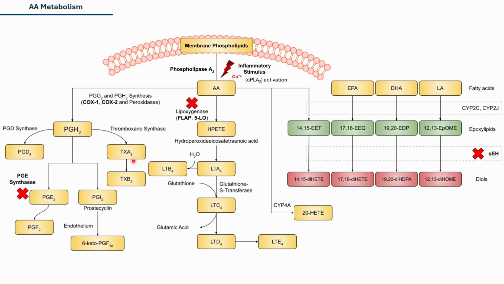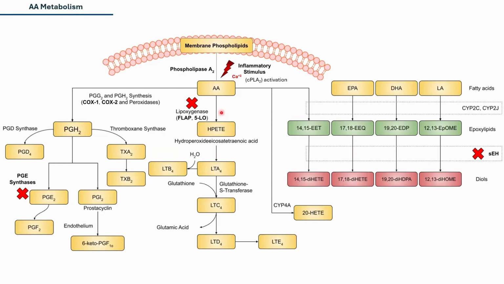Another option of blocking the path could be via lipoxygenases. By inhibiting 5-lipoxygenase or its activating protein, called 5-lipoxygenase activating protein, FLAP for short, inhibiting the metabolic path from here might be another option to avoid the side effects of COX inhibition. And that could be an alternative approach.